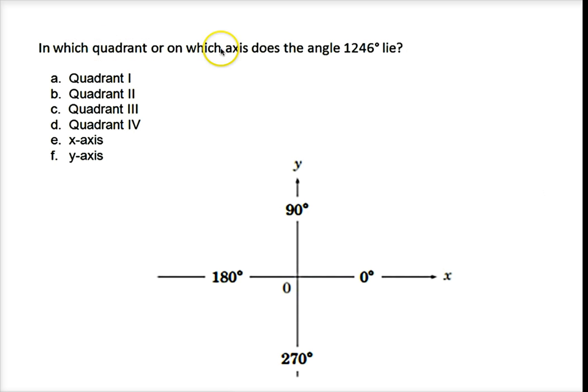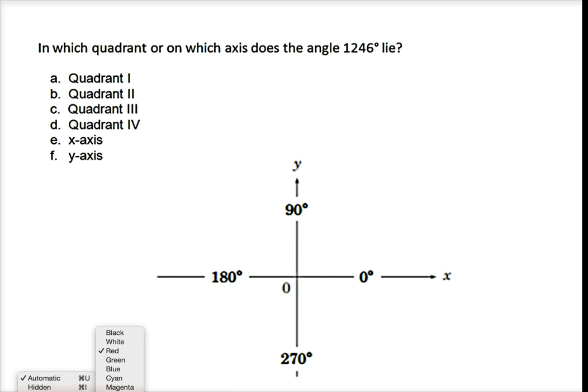All right, next, in which quadrant does 1,246 lie? Now we know 1,246 is going to be a little more complicated because it's obviously bigger than 360, and it's quite a bit bigger than 360. So what do we do now? Well, you have a couple of options, and here's one option. You can subtract full circles until you get down to less than a full circle. So let's start.